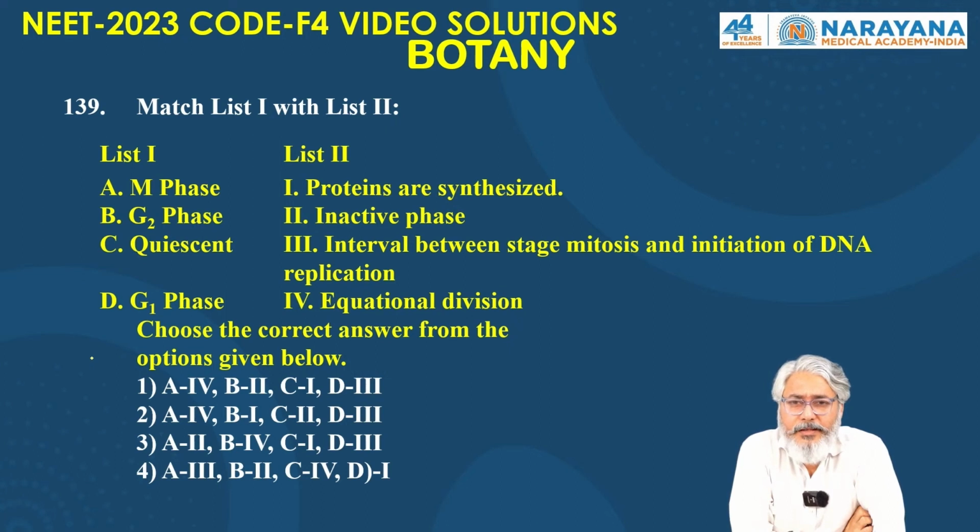List 1, M phase. M phase is mitotic phase, that is equational division, A is 4. G2 phase. G2 phase means proteins are synthesized in G1 and G2 phase. But here G1 phase, this is called the interval between mitosis, M phase, and initiation of DNA replication, that is S. So between mitosis and S phase, there is G1 phase.